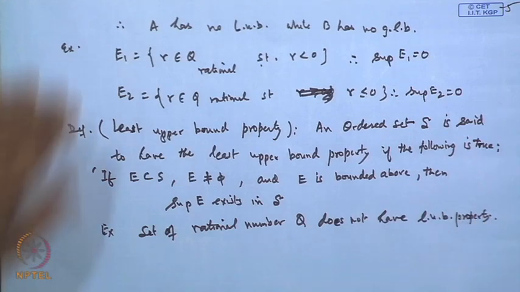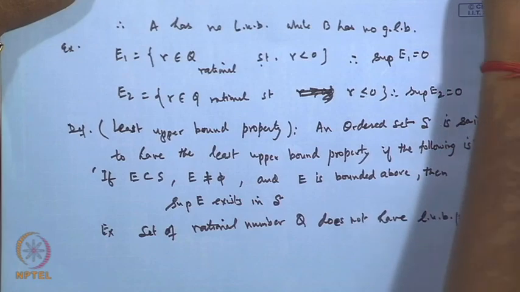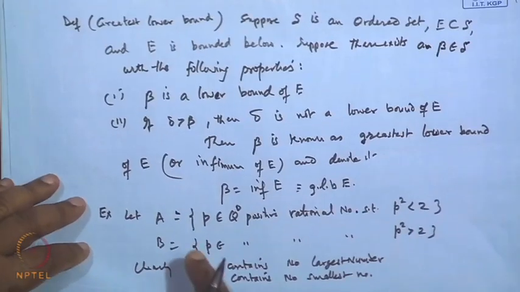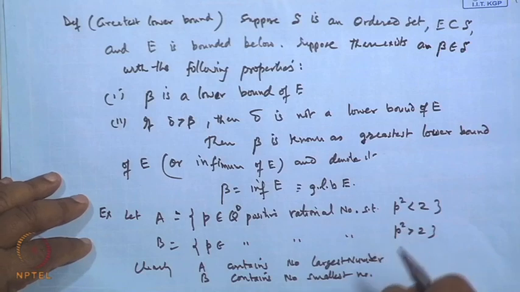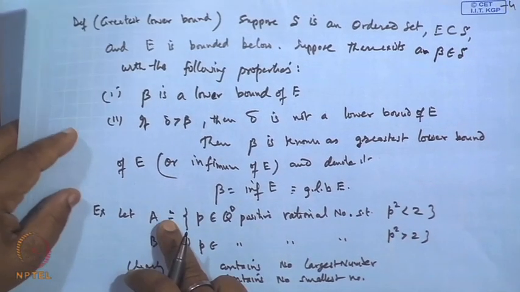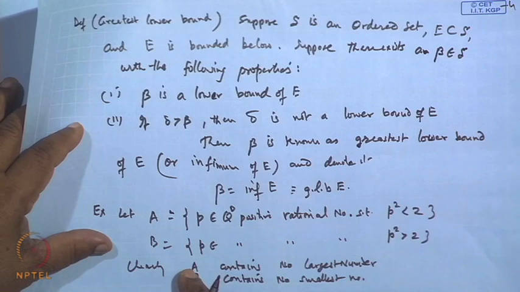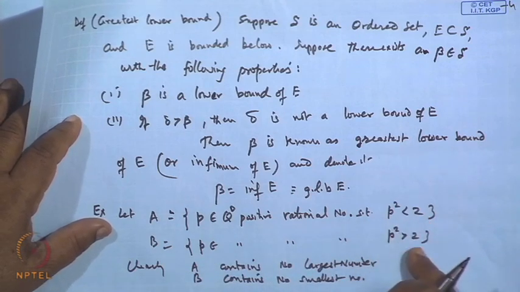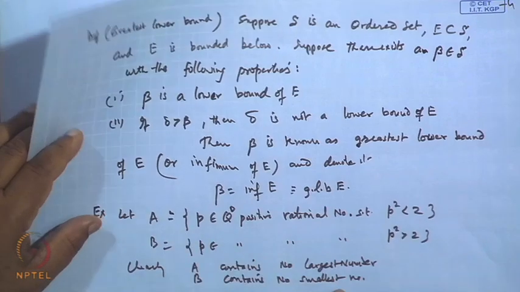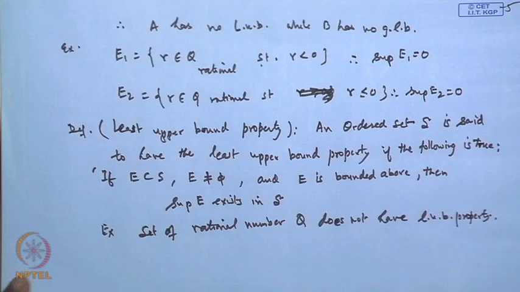We have seen this with the earlier example, because A and B are two subsets of the rational numbers, and A does not have a least upper bound, B does not have a greatest lower bound. So, the set of rational numbers does not have the least upper bound property.